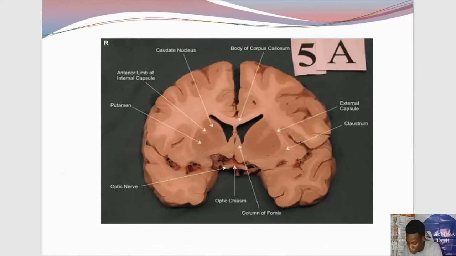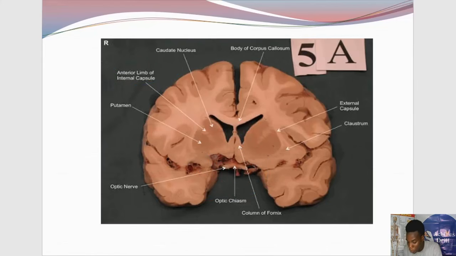Okay, the thing is, before we get to the level of the thalamus, normally the thalamus will reside lateral to the third ventricle, somewhere around here. Let's assume the third ventricle is somewhere around here. Now, the portion of the internal capsule we'll be encountering by the time we've not yet seen the two thalami will most likely be the anterior limb of the internal capsule. This is just a hint for you to recognize whether we are seeing the anterior limb or the posterior limb of the internal capsule in this cut.